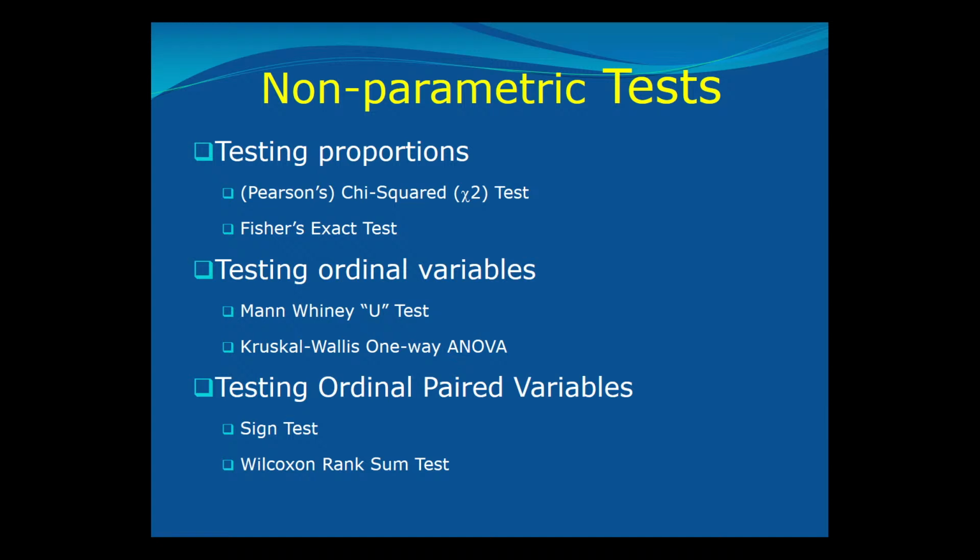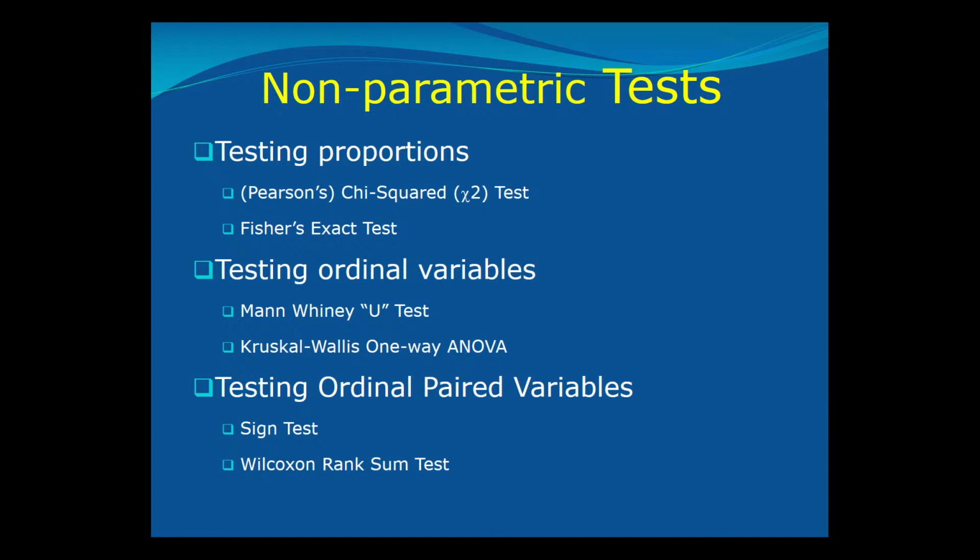Non-parametric tests. If we need to analyze variables with non-normal distribution, we should use other methods called non-parametric tests. For non-parametric tests we can use methods of testing proportions, the so-called chi-squared test or Fisher exact test.